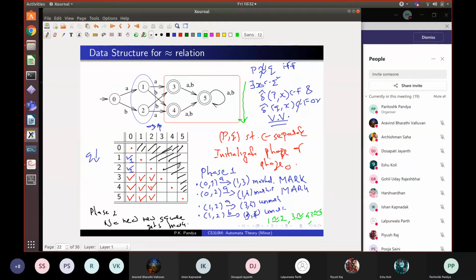There is an n log n algorithm which Hopcroft also gave, a slight optimization on this, where n is the number of states of the automaton. We are not going to do that refinement, but basically this algorithm is there. Since minimization of automaton is such an important application, it got some attention.